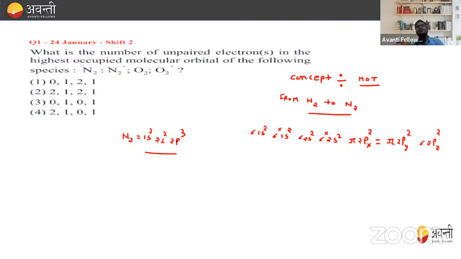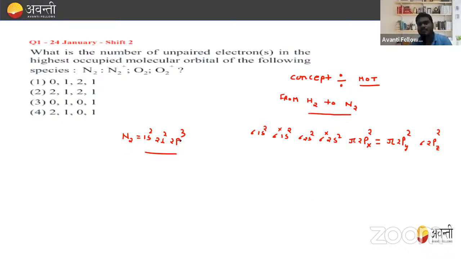Now, if I'm talking about the 2p orbitals, that is pi 2px2, pi 2py2, and sigma 2pz2. So for the electronic configuration of nitrogen, just remember one fact.